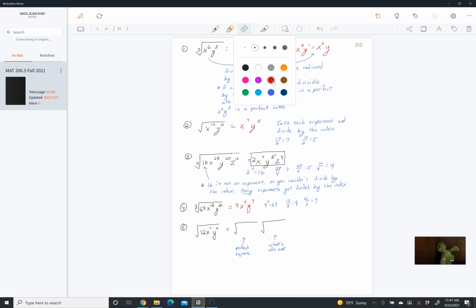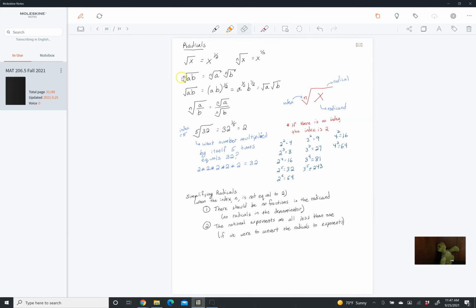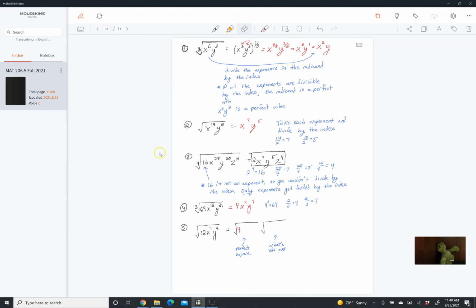So 4 is going to go over the first one. And what's left over? 3 is left over. Because remember, these are getting multiplied. The rule that we're using here is this one, this distribution rule. We're saying we could take something and we could split it up into two radicals that are being multiplied together. So if these are being multiplied, then we could split it into two radicals. Here, 12 is the same thing as 4 times 3, so we could split it into two radicals. One that has the 4, which is a perfect square, and one that has the 3, which is not.